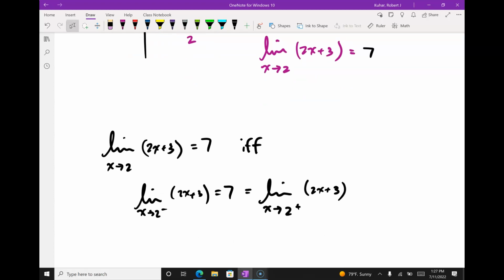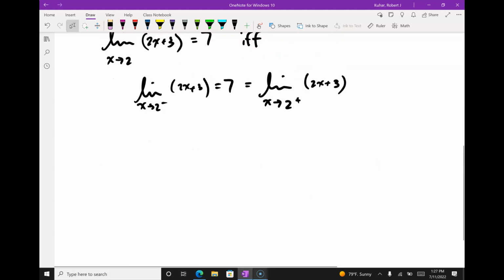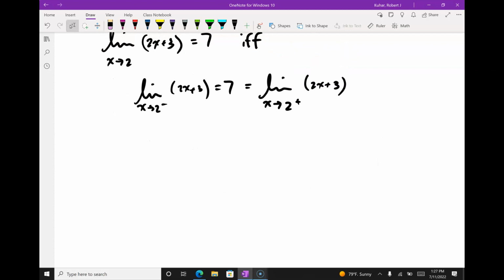So graphical is pretty easy, right? Graphical is pretty easy. I don't test you on graphical limits, but you're going to use it to check yourself, right? You're going to use it to check yourself. So take a look at this function. Absolute value of x over x.